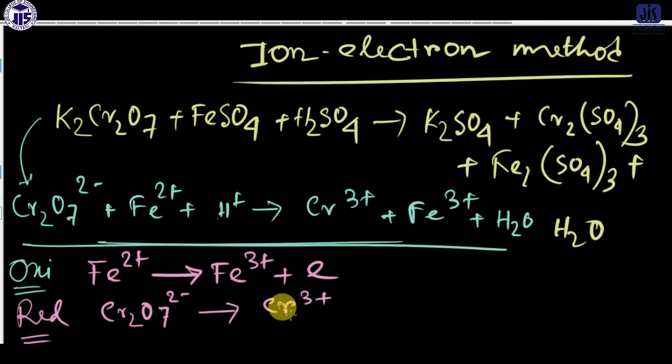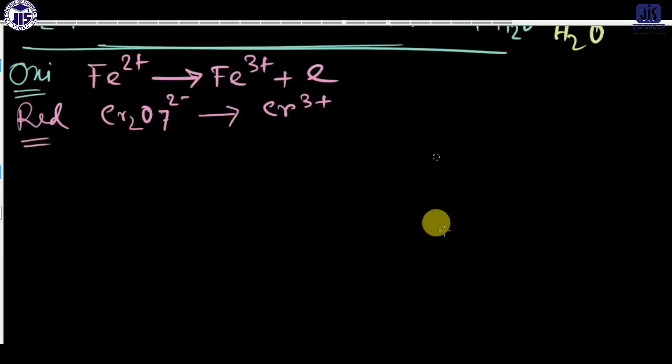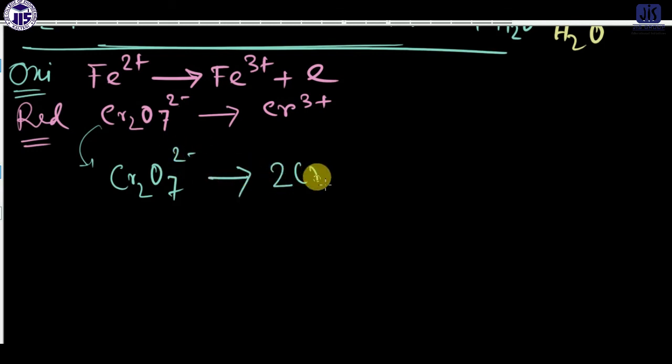Now first of all we have to balance the Cr atom. So the first step is that we balance the Cr atom. If we want to balance it, we can write Cr2O7 2 minus going to 2 Cr3 plus.